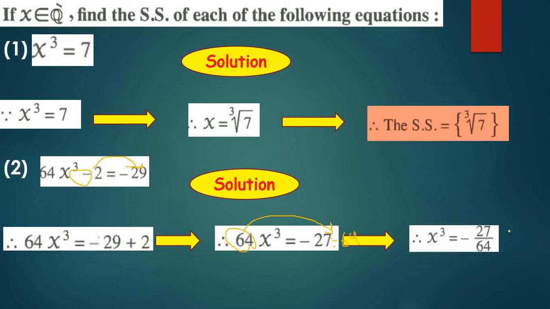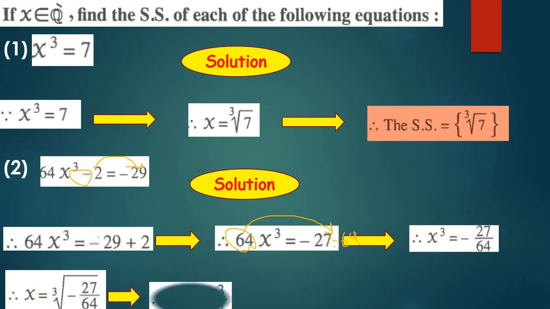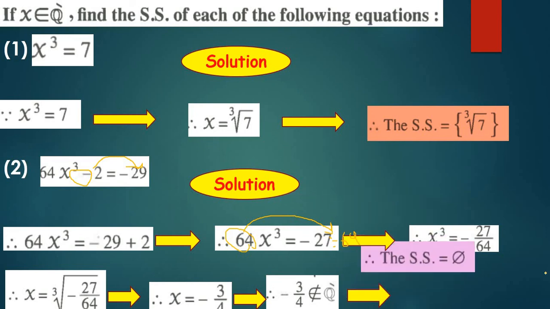So x power 3 equals negative 27 over 64, and finally we need x, not x power 3, therefore x equals cube root of negative 27 over 64, and x equals negative 3 over 4. Is negative 3 over 4 included in Q dash? No, therefore the solution set is empty. Very good.